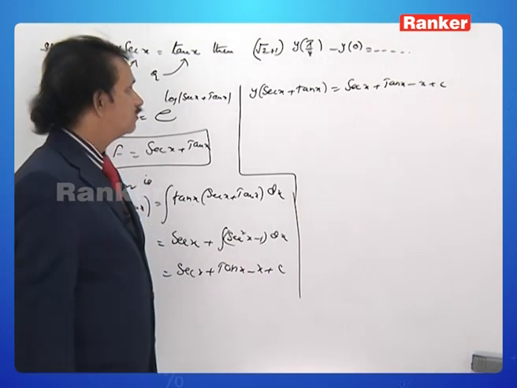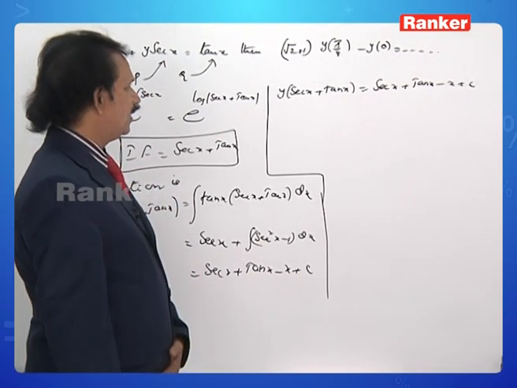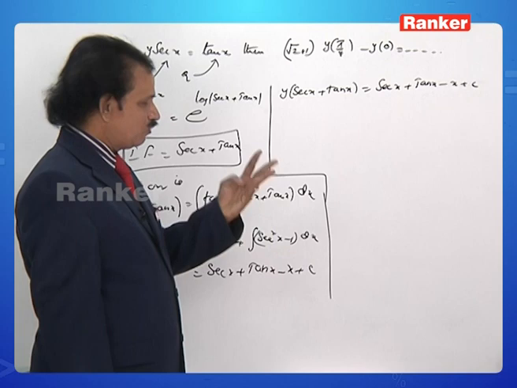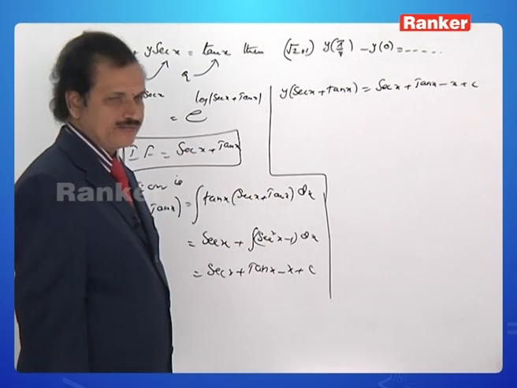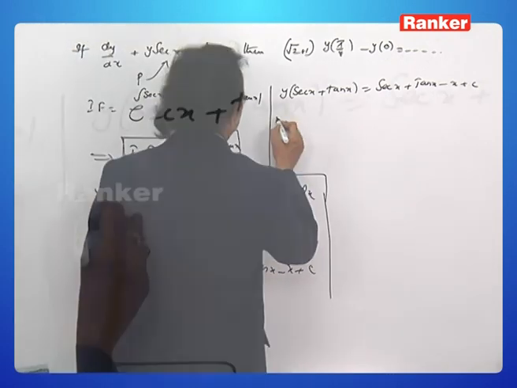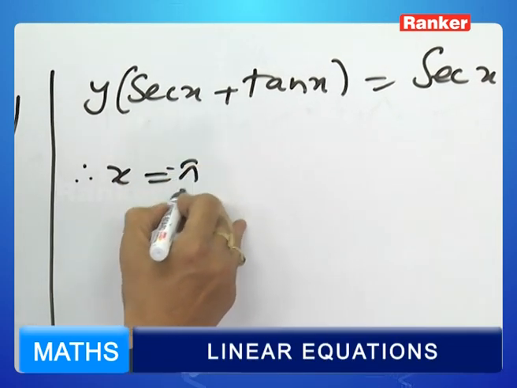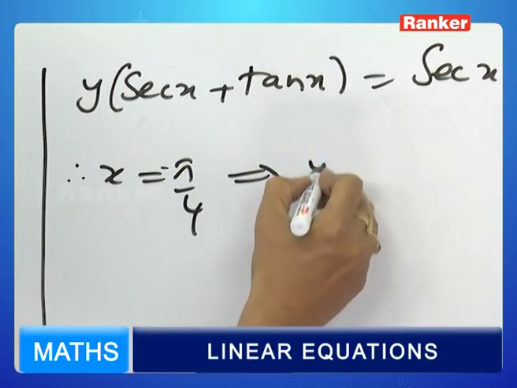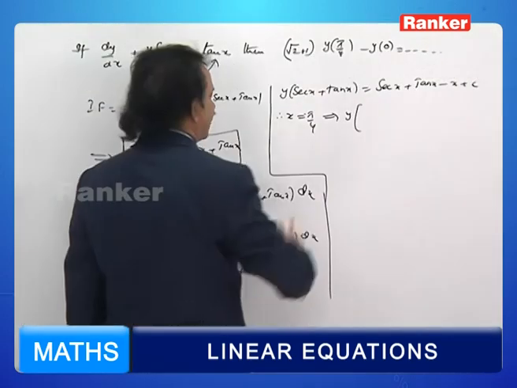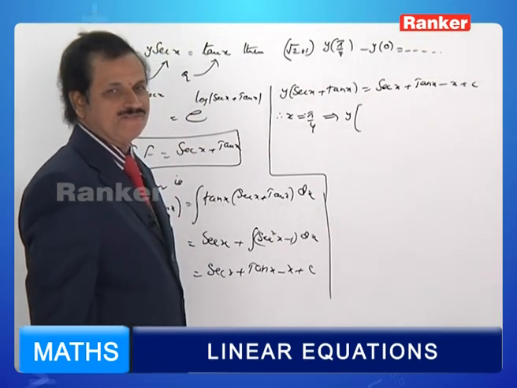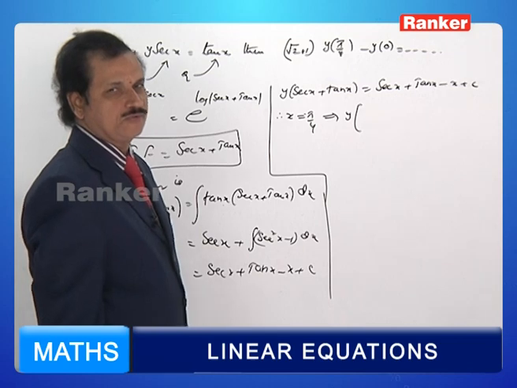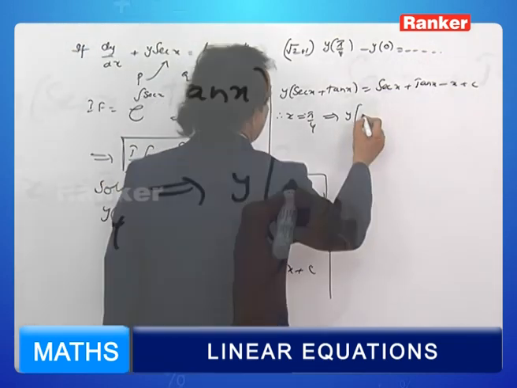Now, two things are asked. Y at pi by 4 and y at 0 we have to find. Therefore, x is equal to pi by 4 implies, come on tell me, what is secant pi by 4? Secant 45. Cos 45 is 1 by root 2 and secant 45 is root 2.